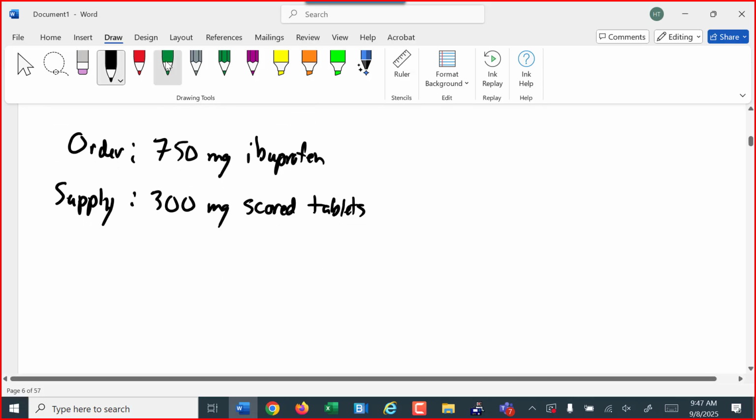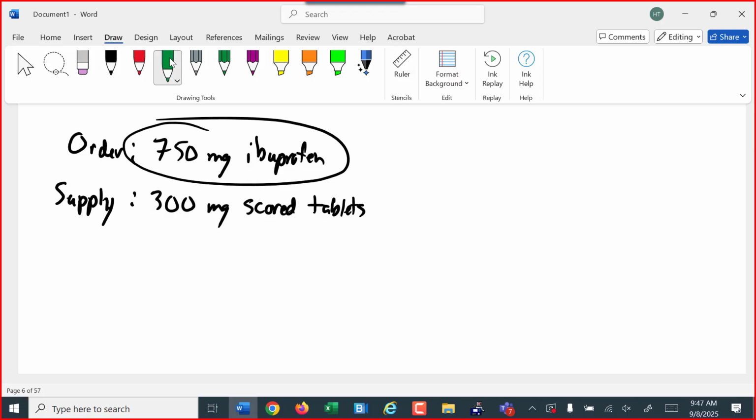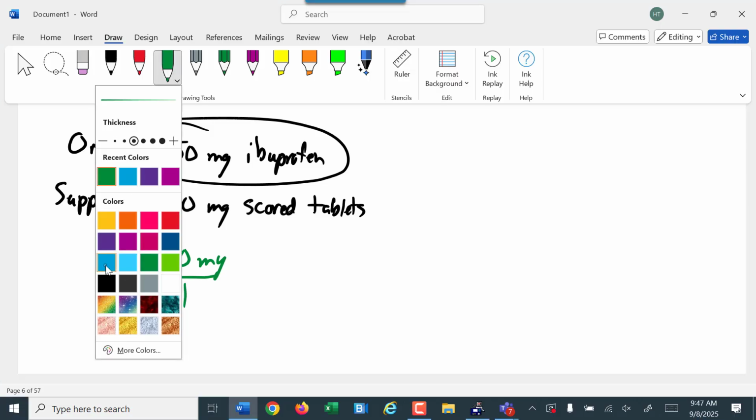So dimensional analysis says you always start with the doctor's order and work from there. So I'm going to take my 750 milligrams and I put it over 1. I make it into a fraction, just like we did with our other units when we were trying to convert.